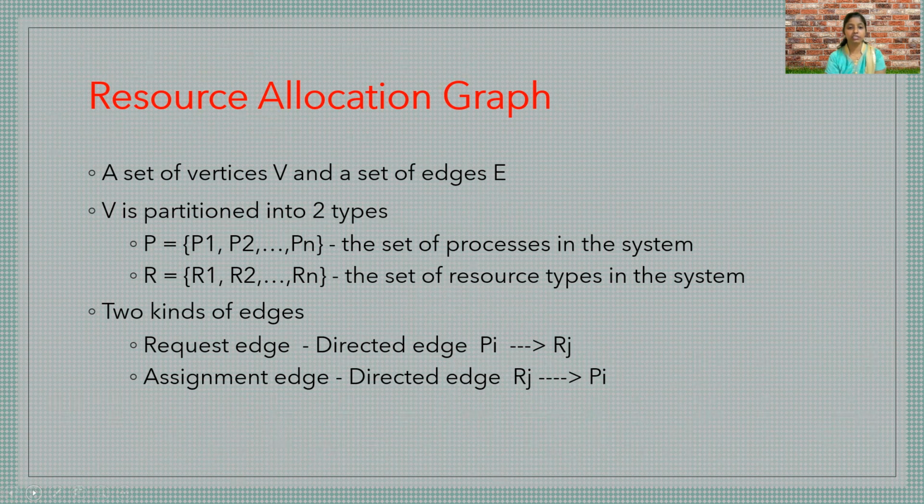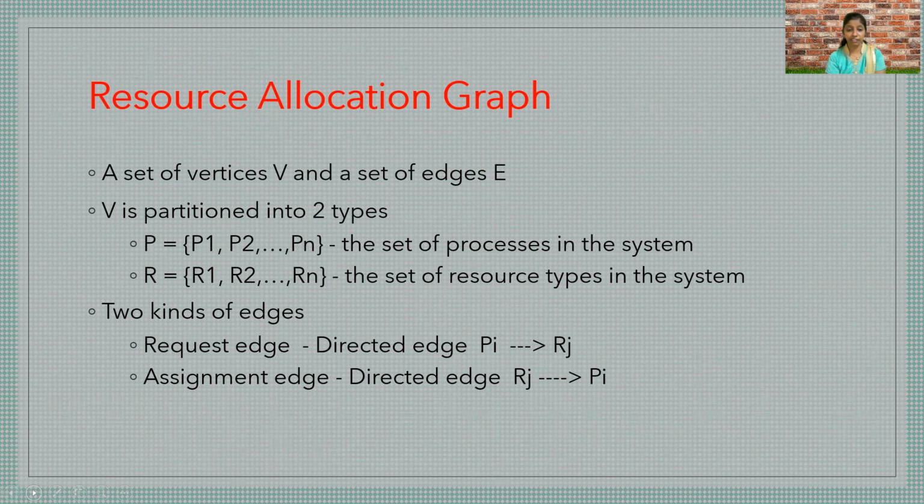And V is divided into 2 types. It could be resources, it could be processes. Processes are represented as P1, P2 up to Pn, and resources are denoted as R1, R2 up to Rn. It depends on the number of types of resources that are available in the system.